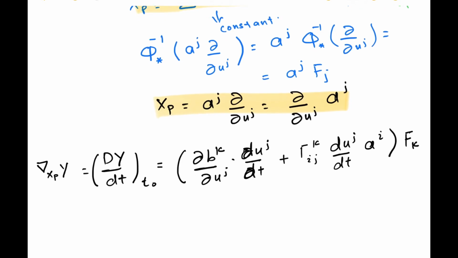All this is happening at point t naught. fk is also at point t naught. So everything is restricted to a specific point t naught.